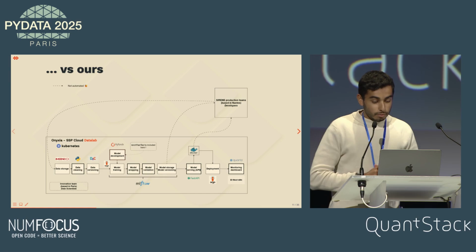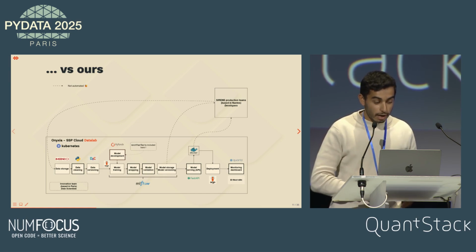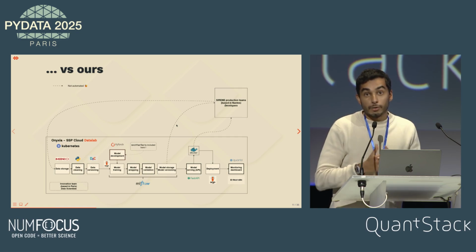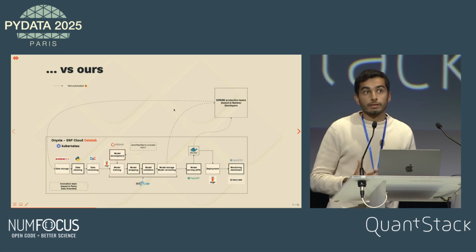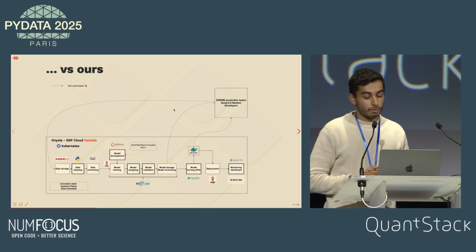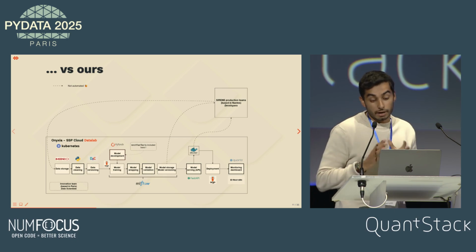And just to tell you more about how we're dealing with the production teams. For now, and this is an area of improvement on our side, all the dashed lines here are not automated. They should be in the ideal theoretical MLOps pipeline, but they are not currently.